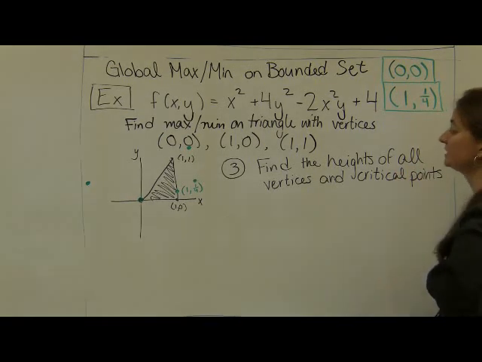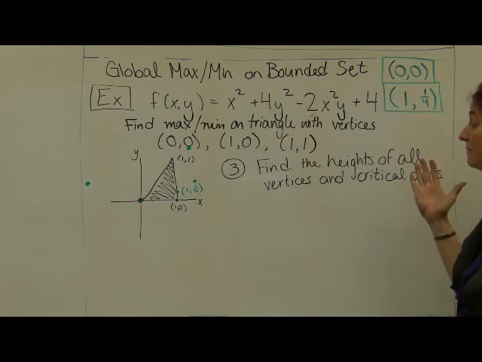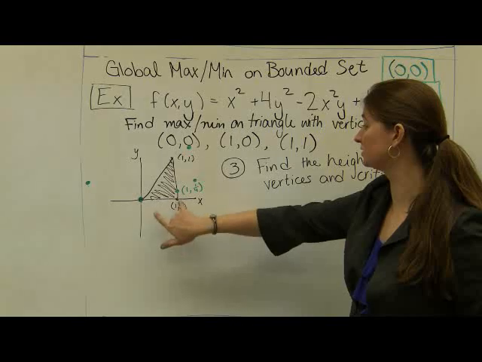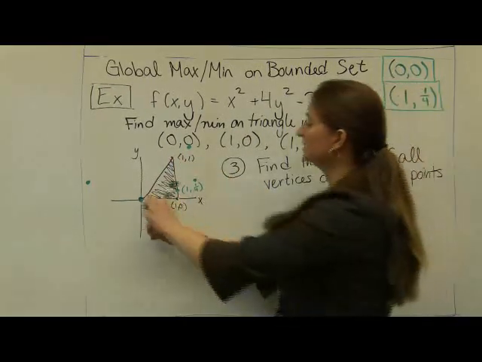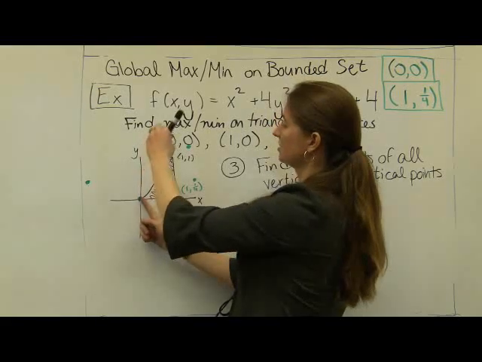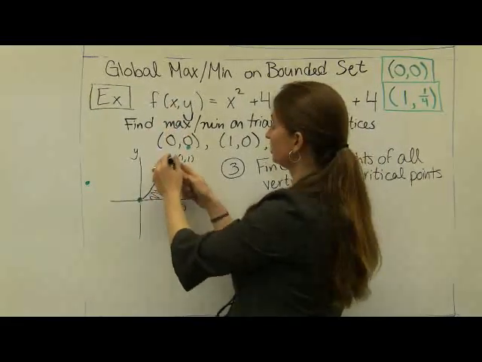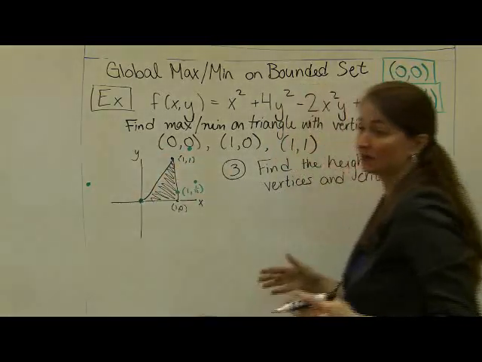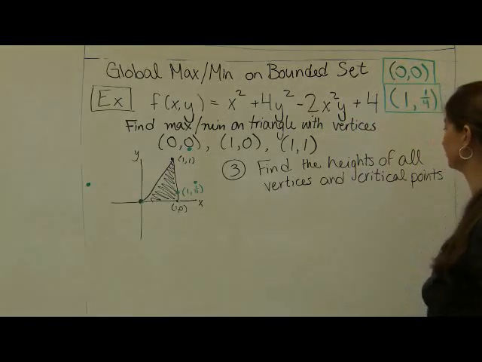So we've narrowed our list down to these 2 points that are critical points that may or may not be high or low points on this graph. But we also have to evaluate all of the endpoints, because let's say this line is just increasing and increasing and increasing and it gets chopped off right at 1, 1. We want to make sure what is the highest point along that line. It's going to be at the point 1, 1. It's not a critical point, but it would be the highest point because it's the end of that line segment.